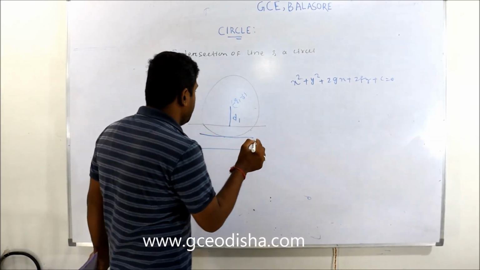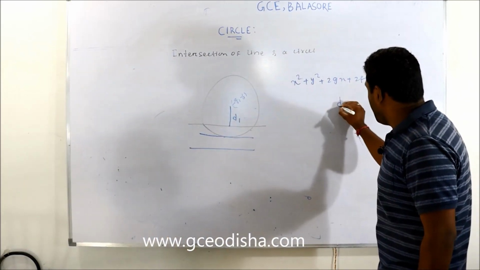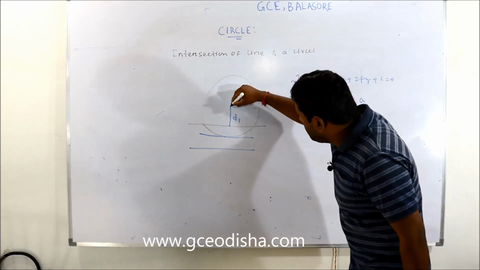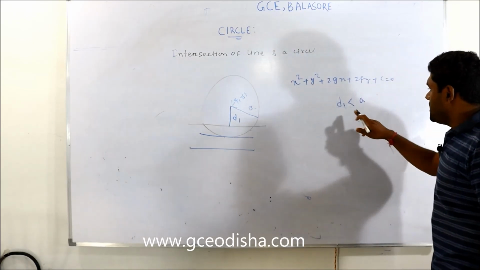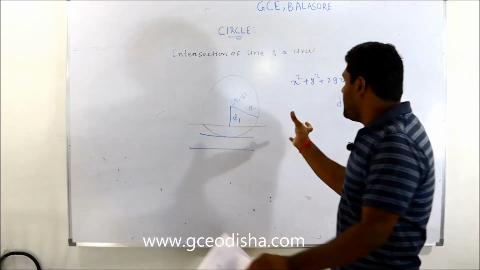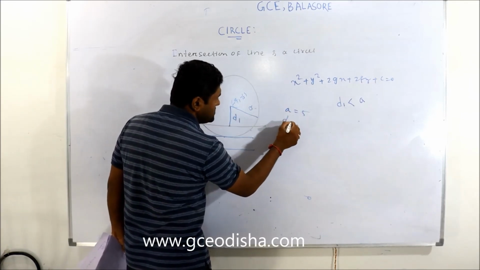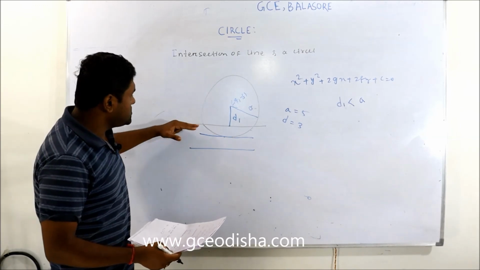If d1 is less than a, where a is the radius of the circle, for example the radius is 5 and d1 is 3, that means the line cuts the circle.